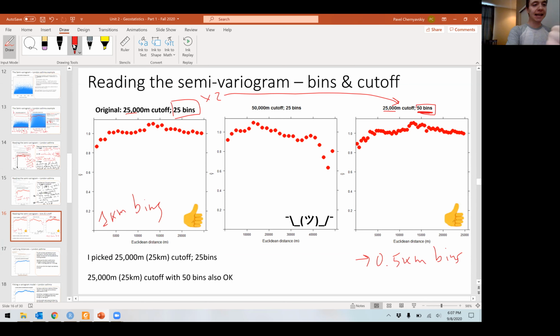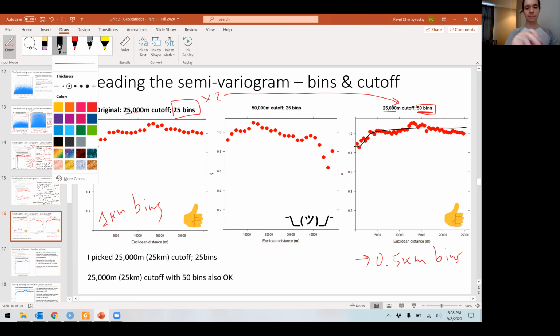Could I not say that, oh, I don't know, could I not see, if I blur my eyes enough, that the variogram goes like this? I don't know.